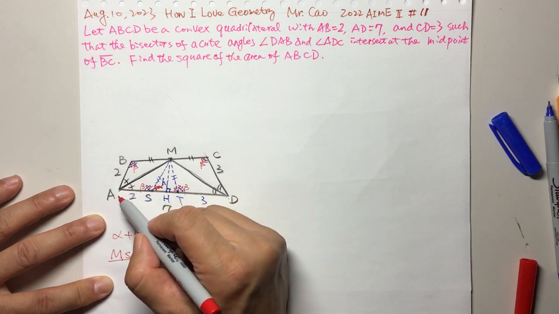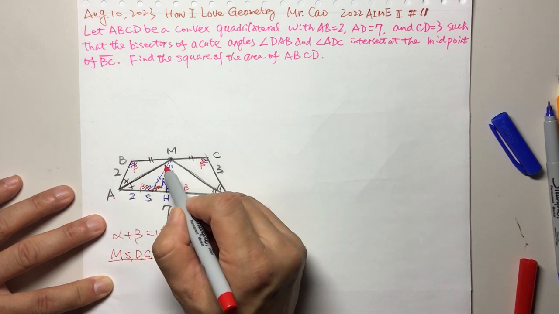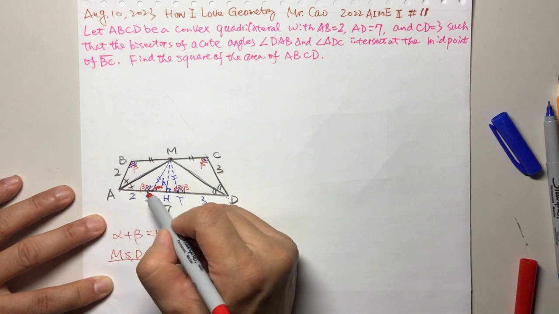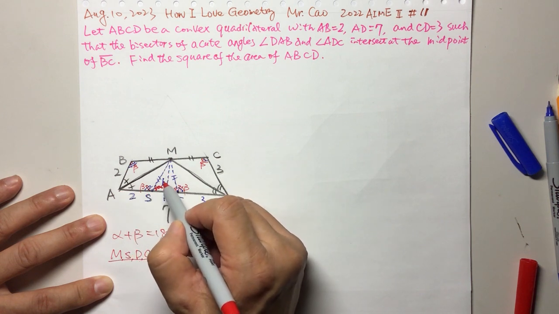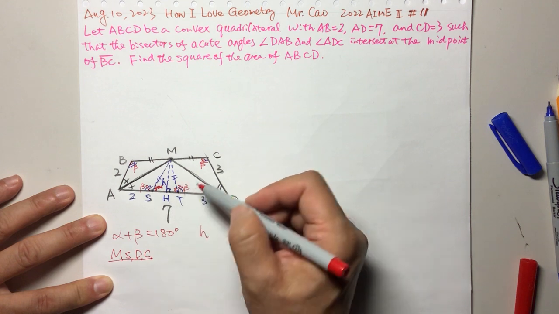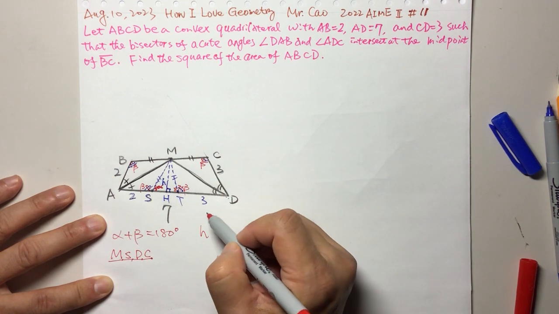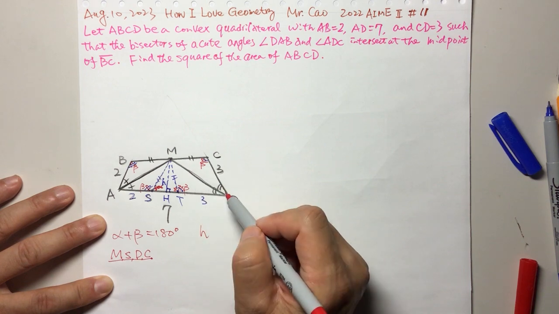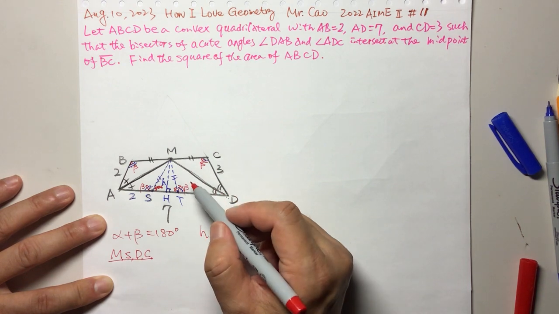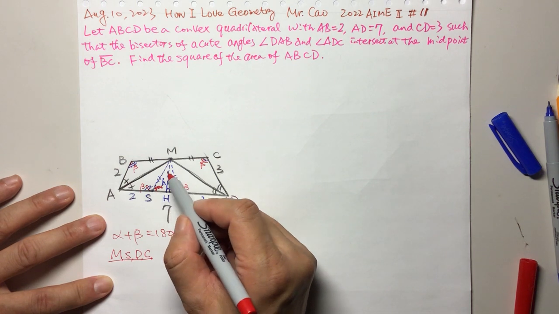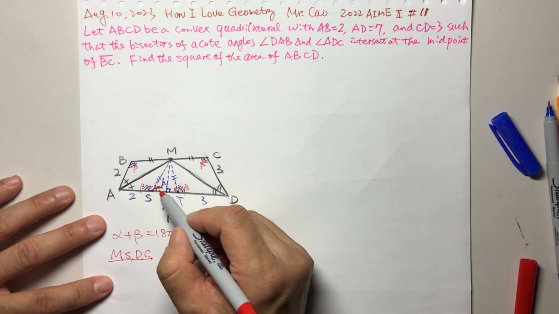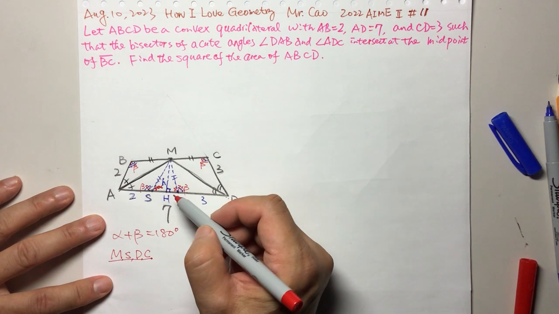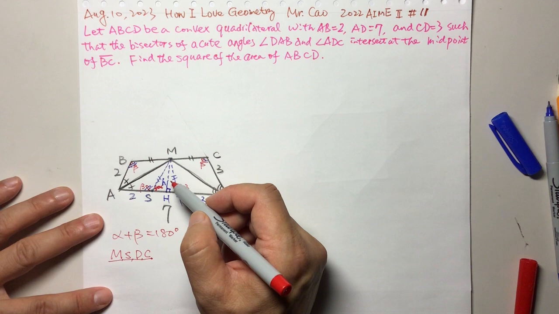Because the area of ASM equals the area of ABM, and the base is 2. If we can find the height MH, it is easy to get. The same thing for triangle TMD and triangle CDM, right? And also we can easily find the area of STM. So MH is the most important thing we should find.